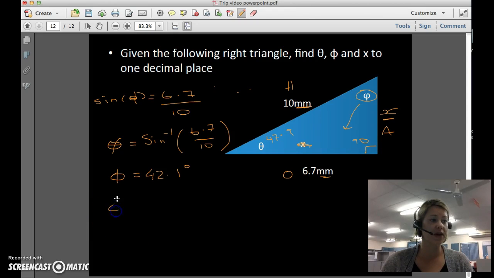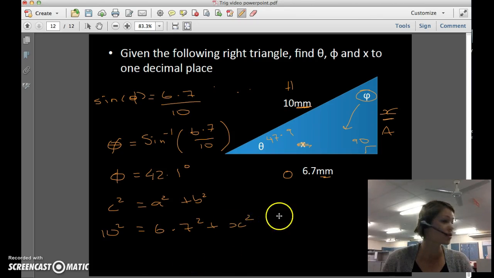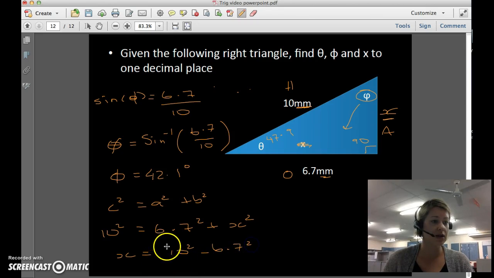So remember, Pythagoras is c squared equals a squared plus b squared. In this case, my c is my hypotenuse, so it's 10 squared equals 6.7 squared plus x squared. So therefore, x is going to equal the square root of 10 squared minus 6.7 squared.